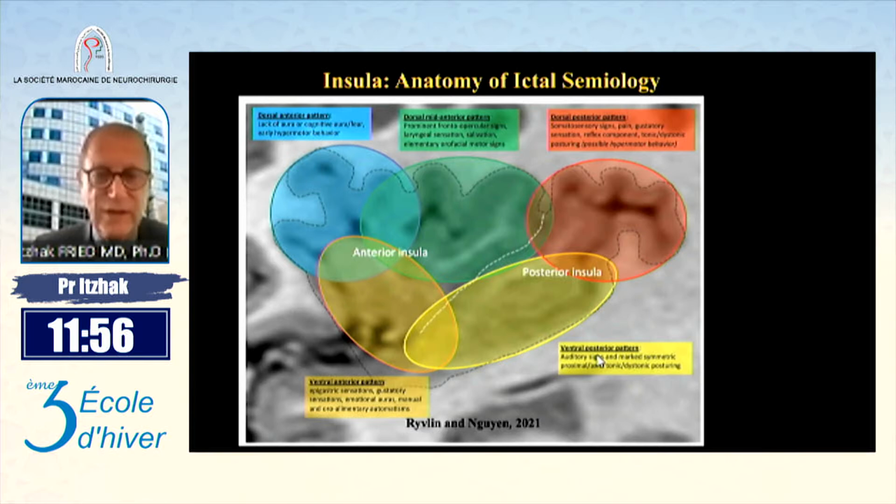I will not repeat, I'm sure you heard about it in the previous session, but it is really key. The insula, for instance, has very strong bidirectional connection to the amygdala. So what we can identify as temporal lobe, even the epigastric, the fear, all these things which we have known in temporal lobe epilepsy, we understand that they may be emanating from this network which involves the anterior insula.